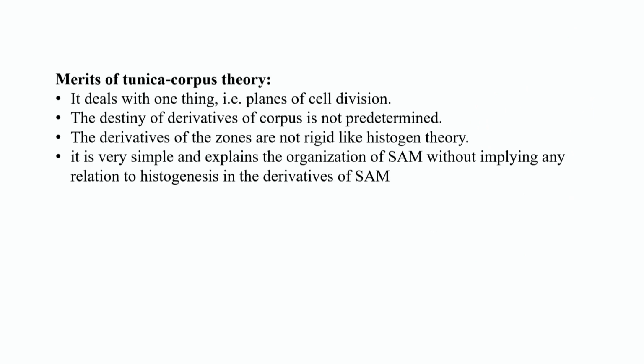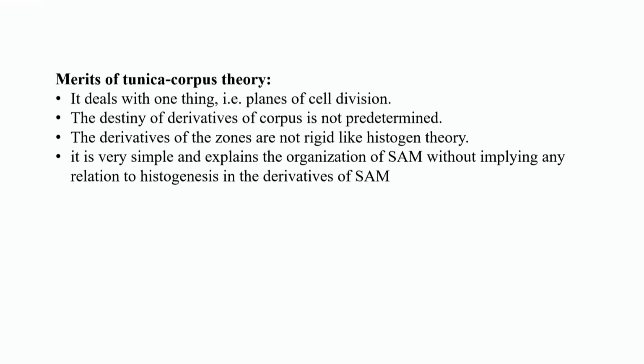The merit of tunica corpus theory is that in histogen theory, the zones were committal, meaning they had a fixed destination, and that's why they were discarded in many cases. However, in tunica corpus theory, these layers are not so distinguished.